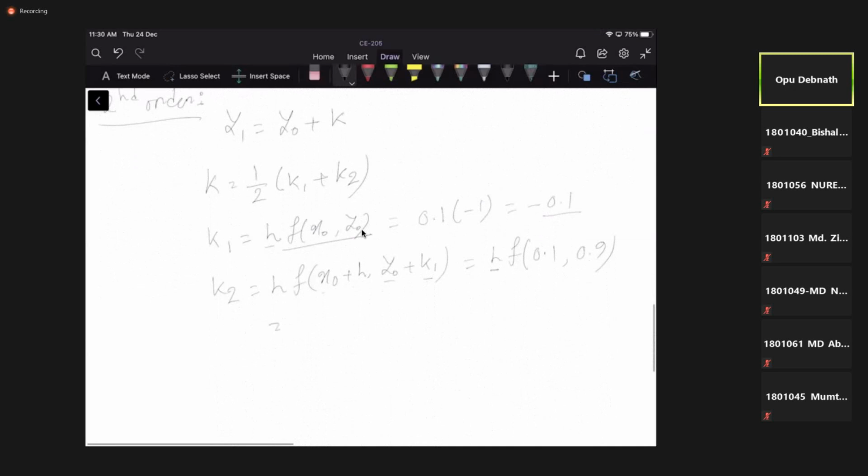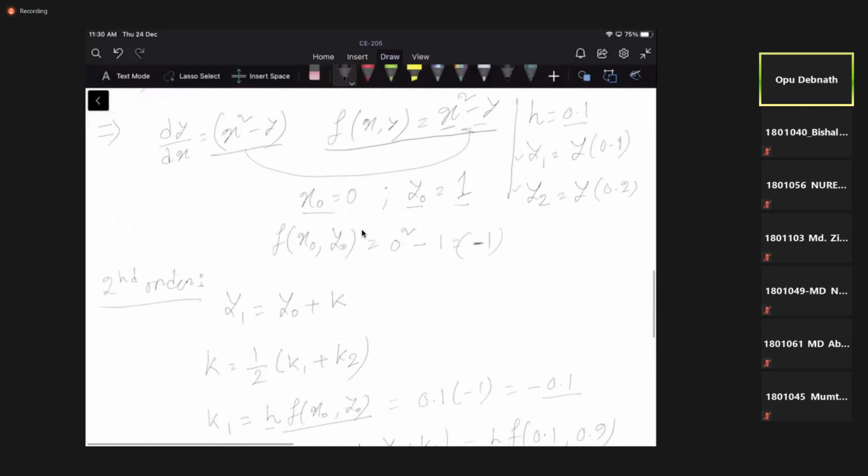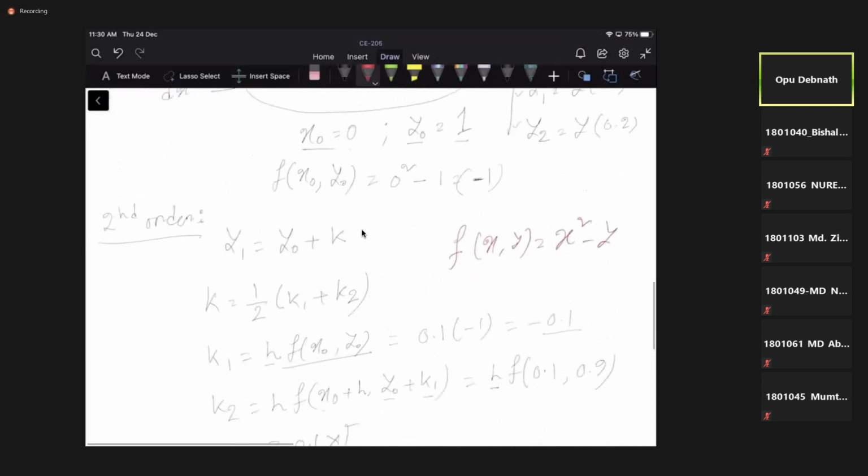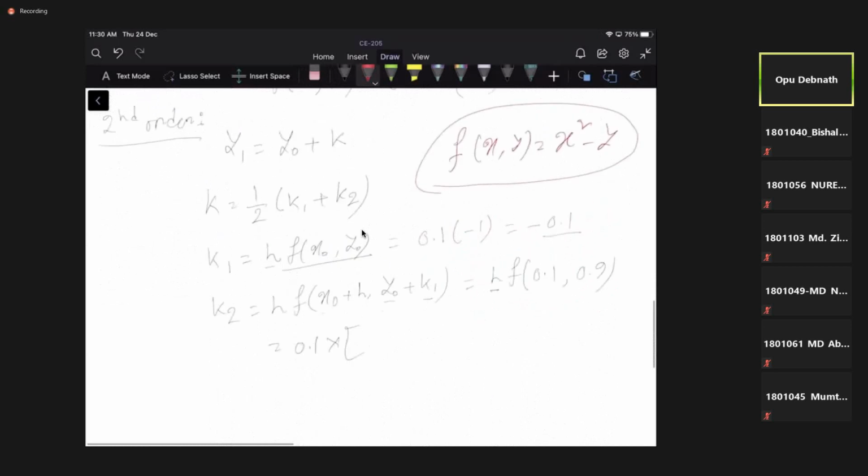The h value we already know, 0.1, multiplied by our function. Let me recall here: our function f of xy is always x square minus y. So always memorize this function. In this function we put x value 0.1, so 0.1 square minus the y value 0.9.